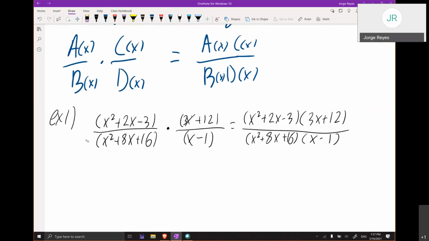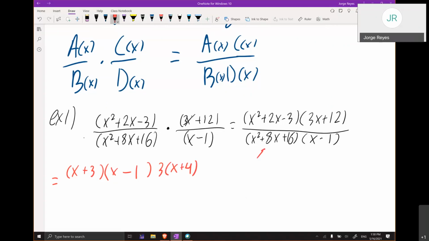This is the answer, but now you have to simplify. So let's start factoring. This factors into x plus 3, x minus 1. And this thing factors, but just take out the 3. So I'm going to take it out: x plus 4.